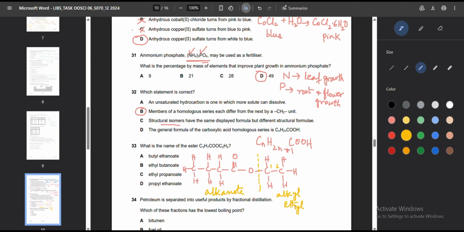This is the ethyl group, and over here this one is having 1, 2, 3, 4 carbons. All right, so 4 carbon makes it butanoate. So the name of this ester is ethyl butanoate. Which option? Option B. Okay, option B is the correct one. Its name is ethyl butanoate.